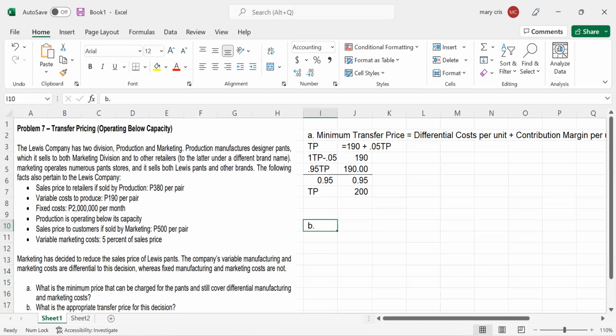So production is operating below capacity, so there is no opportunity cost of transferring it internally. So wala tayong opportunity loss. So for letter B, the answer would just be equivalent to the variable cost na of 190, the variable manufacturing cost.